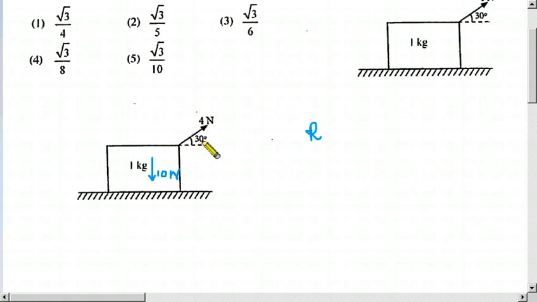So this 4 Newton, if we turn it to this vertical side, this angle is 60 degrees. So what is the component of this vertical upwards? 4 times cos 60.